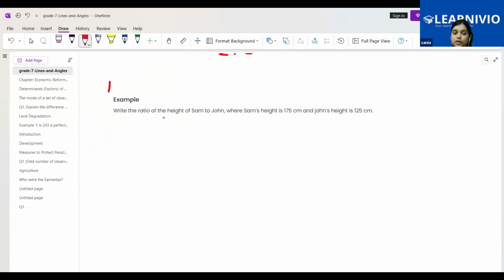Everybody, this is a question. The heights are given to you. So whenever ratios are given, let's just say I gave you 12 ratio 14. So it's like 12 divided by 14. So 2, 6 and 2, 7.